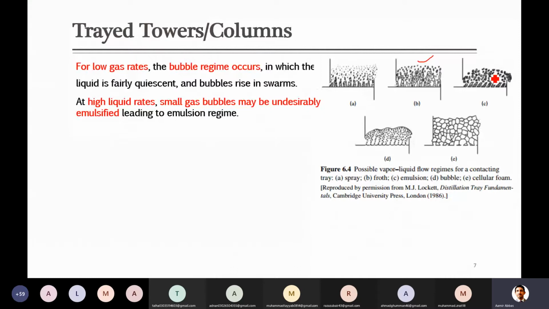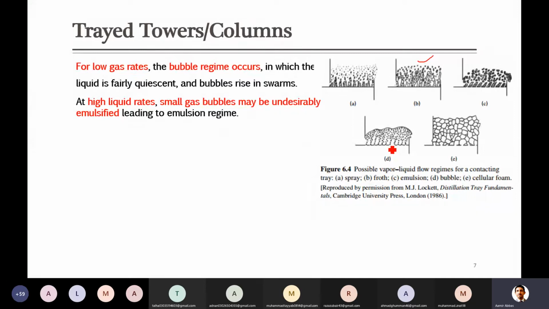The next one, the fourth one, is called the emulsion regime. Here the flow rate of liquid is too high, while the gas bubbles are small due to the low flow rate. So that forms an emulsion. Do you know what an emulsion is? If you don't know, just look it up.